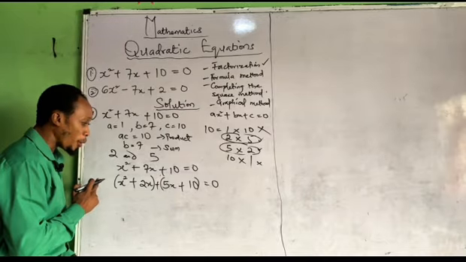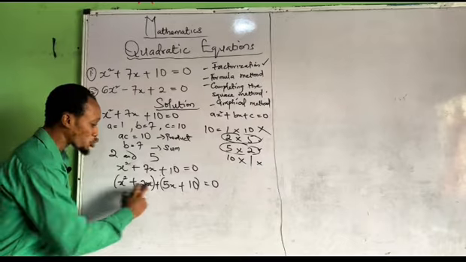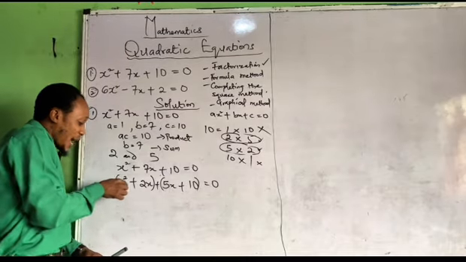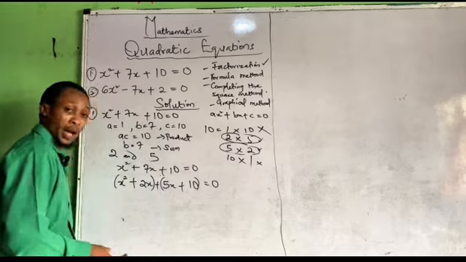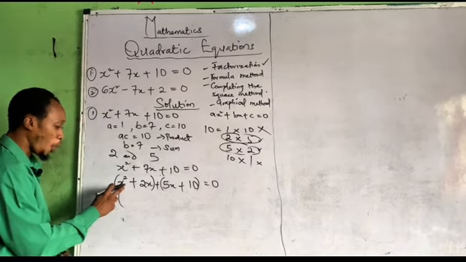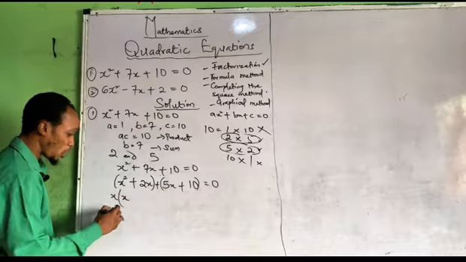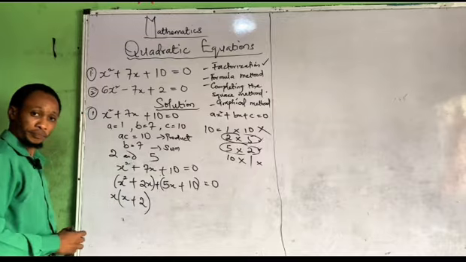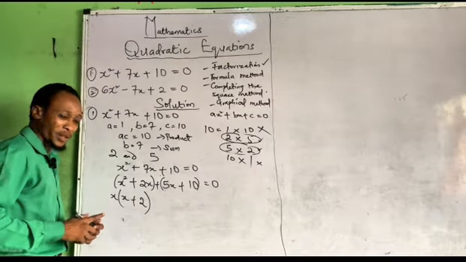What is common between x squared and 2x? That is, what is in x squared that is also in 2x? x is common. We open up the bracket. What remains? We have x, plus 2. How do I know what is common?